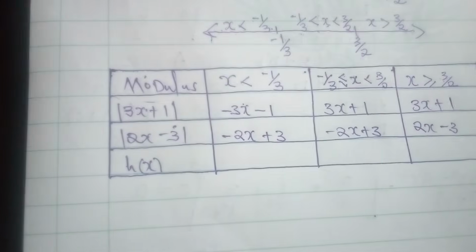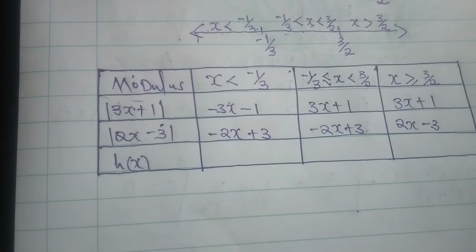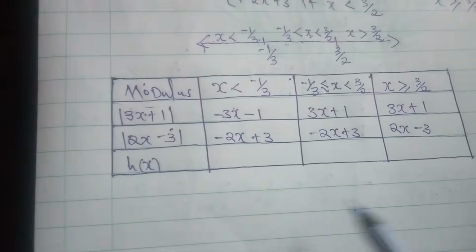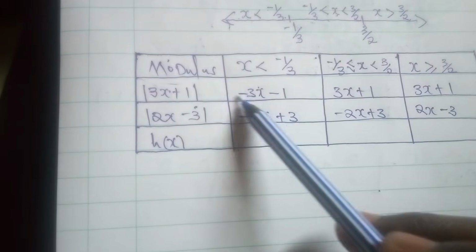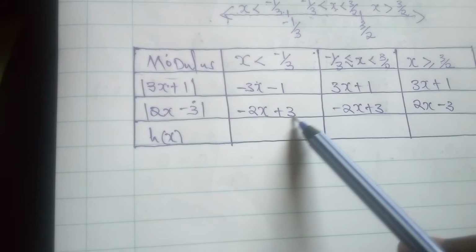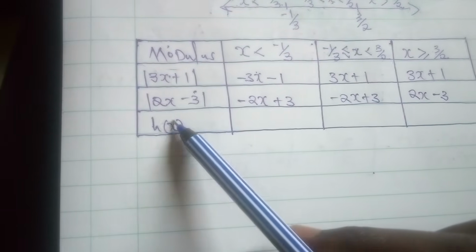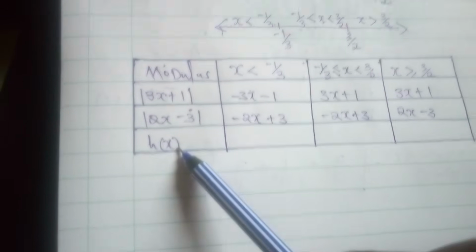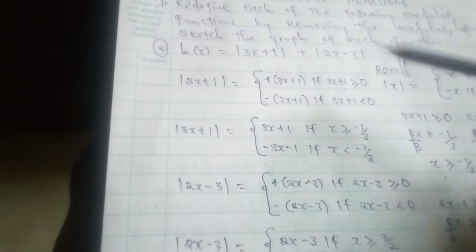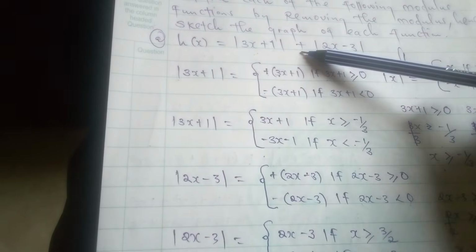So from there, what you are going to do is add this value with that value to find the function, because on the original question you are having the modulus of that added to that one.